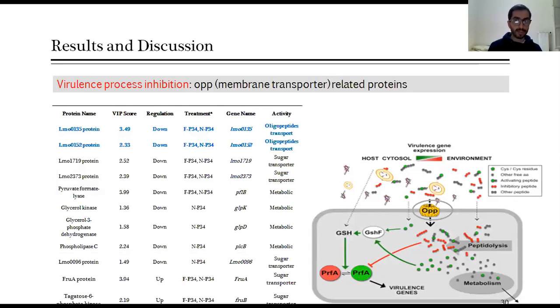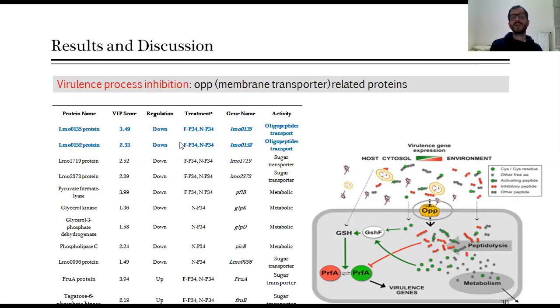Two main processes could be detected considering these two groups of proteins. One of the main processes was virulence inhibition, and in this table it's possible to observe all the proteins involved in this inhibition process.